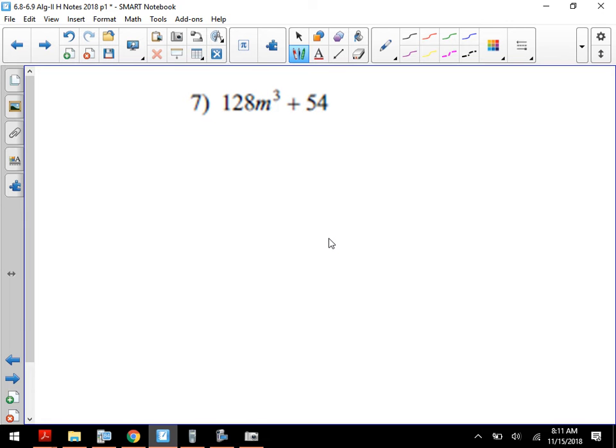Now, if you recall, there was a special pattern for that. If it was a cubed plus b cubed, it wound up equaling a plus b, a squared minus ab plus b squared.